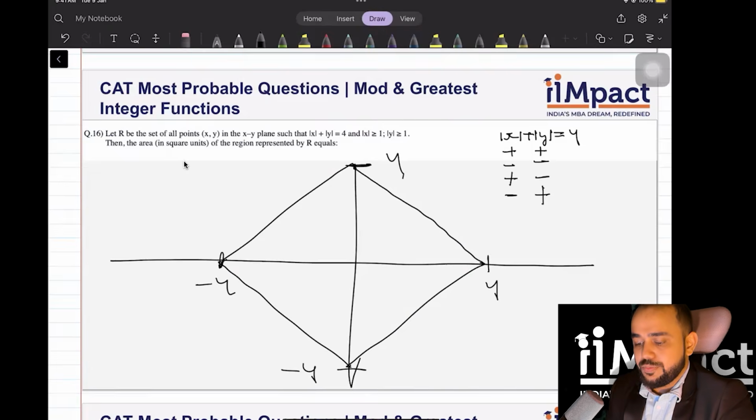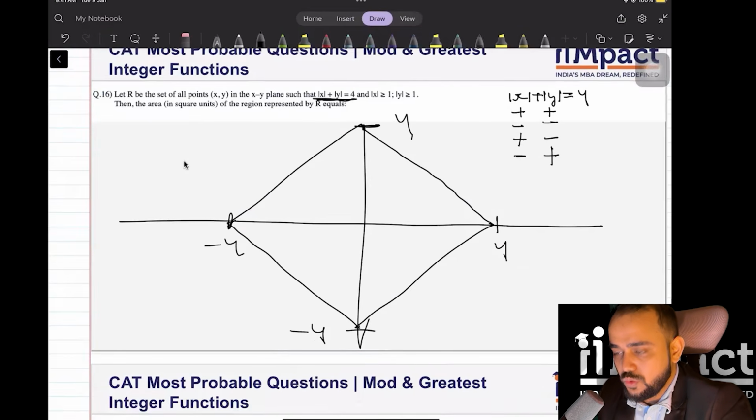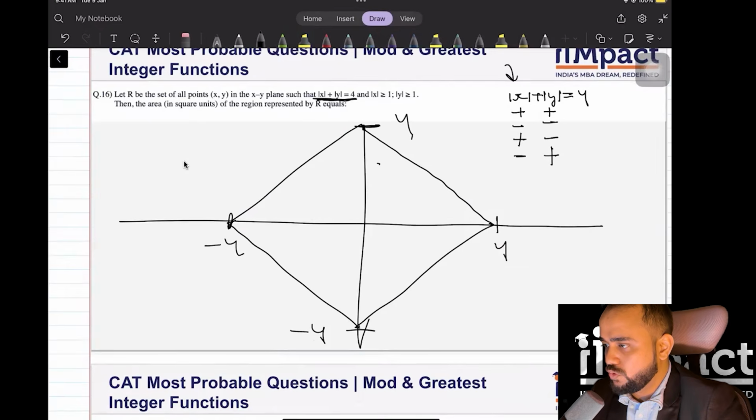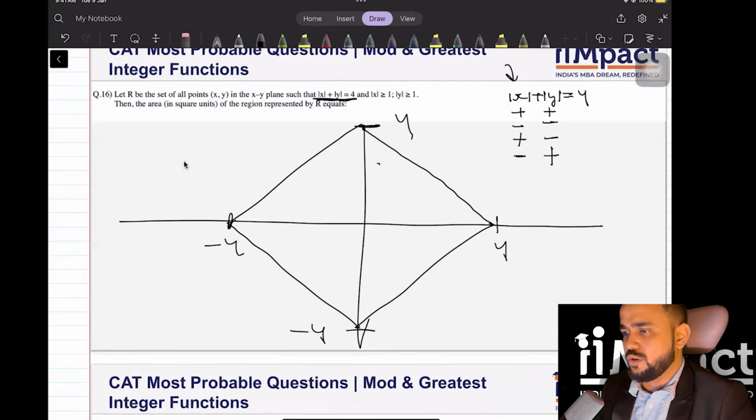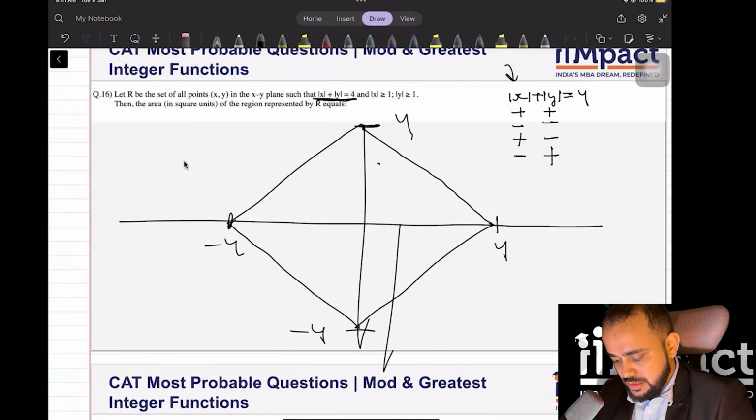You will get a kite shape. This is something you should probably commit to memory. Obviously, understand it, but commit to memory. When you have something like this, your mods will open according to the quadrant you are present in. Something we made use of in the previous question, somewhere up also. Now you have mod x greater than or equal to 1. So it will look something like this, right?